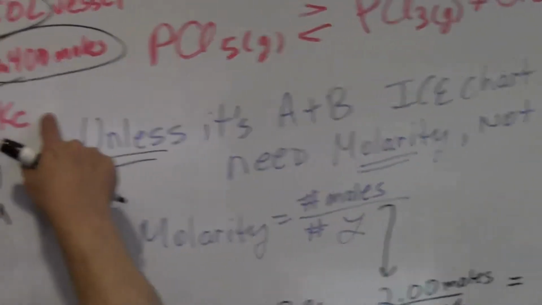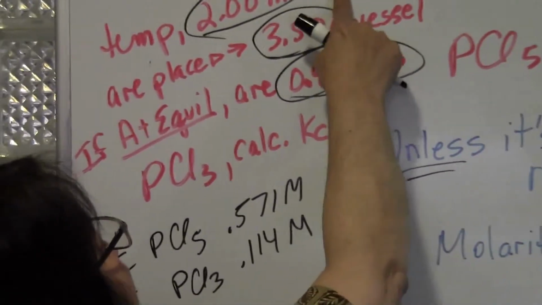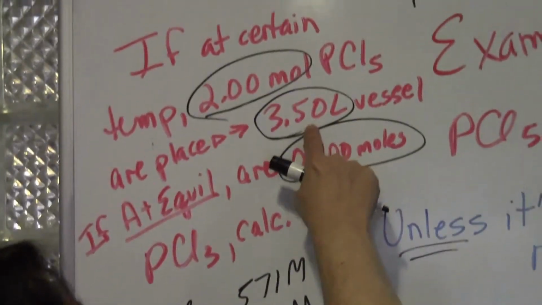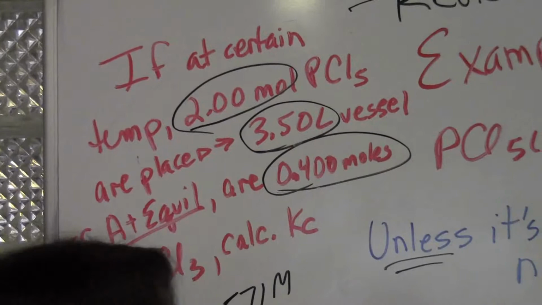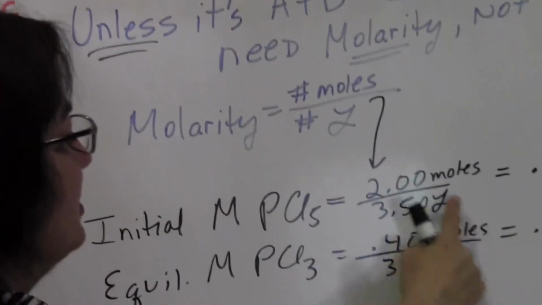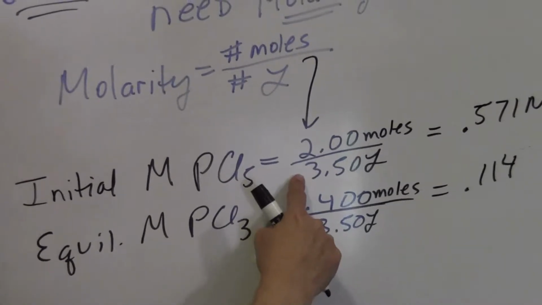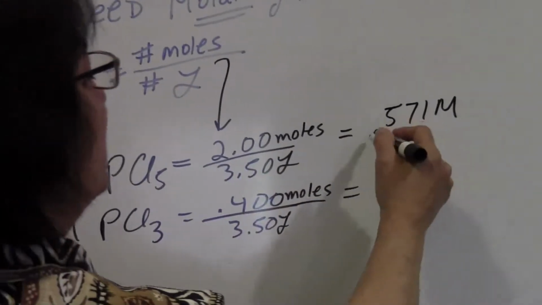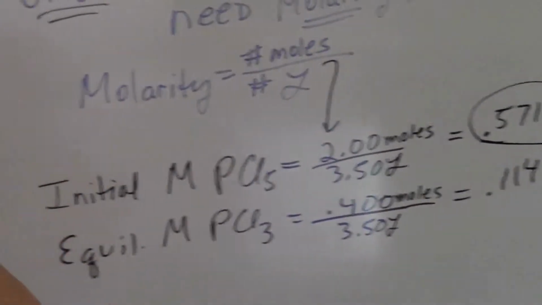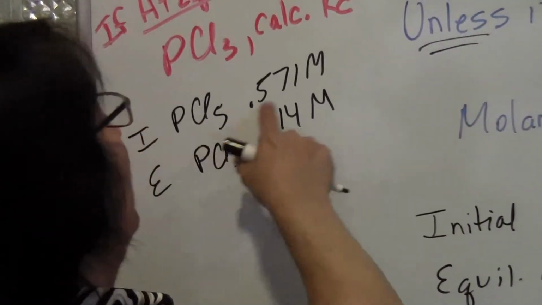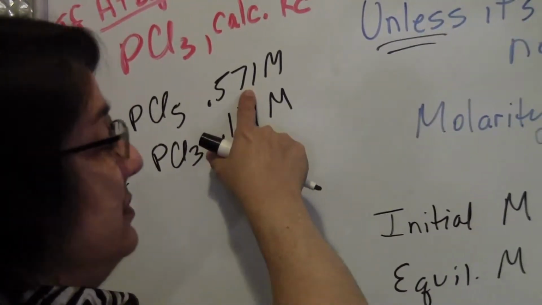Now, they're telling us initially PCl5 is 2 moles in a 3.50 liter vessel. So moles divided by liters, 2.00 moles divided by 3.50 liters gives us an initial concentration for PCl5 of 0.571.